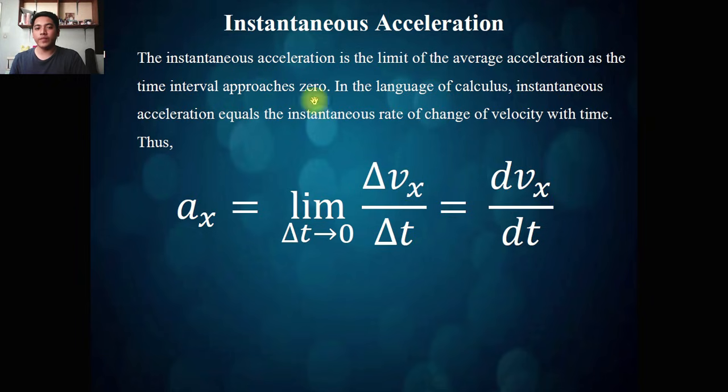This looks familiar from instantaneous velocity. The only change here is the delta v; a while ago in instantaneous velocity, this was delta x. So instantaneous acceleration is given by this formula. In other words, instantaneous acceleration is the derivative of the velocity with respect to time.